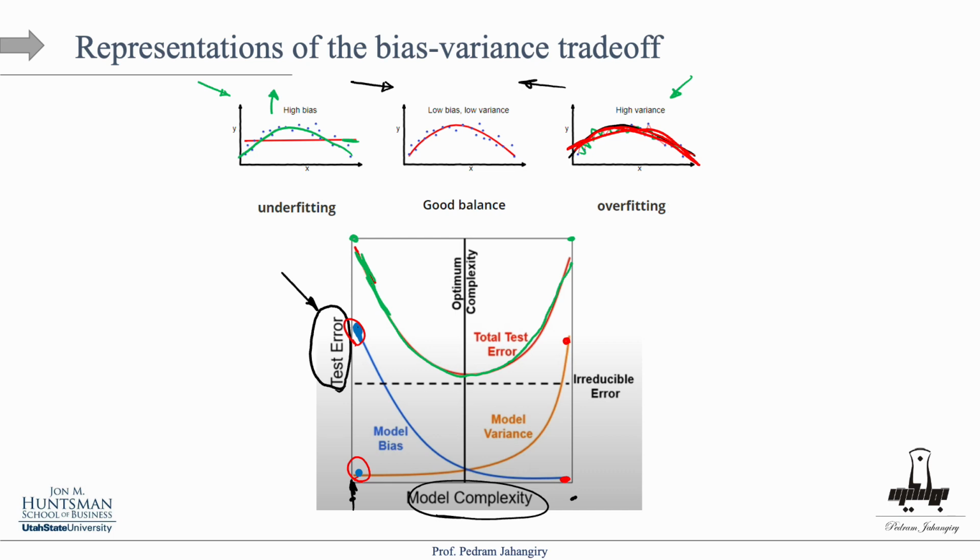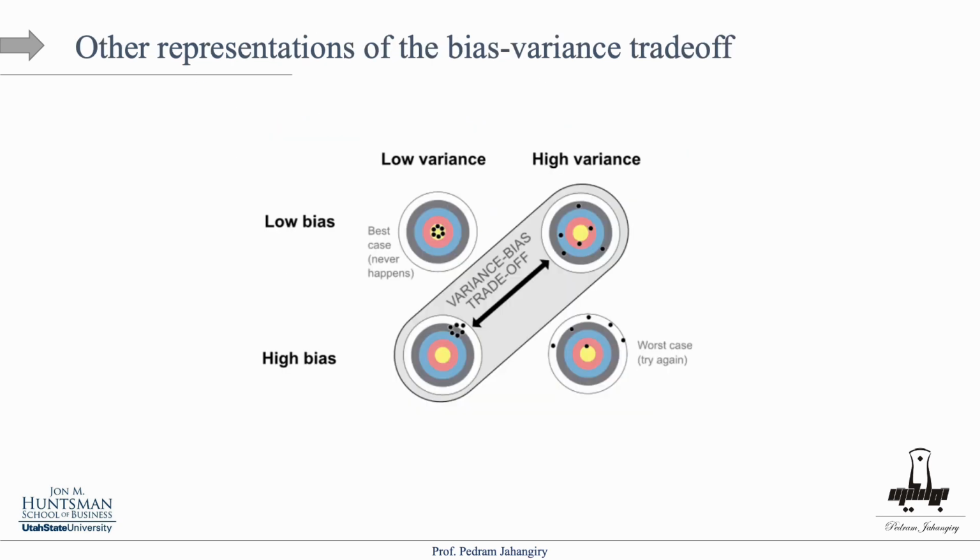So an optimal level of complexity is in between: if you start with a very simple model, we go to the right. If we start with a very complex model, we go to the left, and hopefully we will end up somewhere in between, right? Okay, so this is one representation of the bias and variance trade-off, and there's another one which I'm going to show you on the next slide.